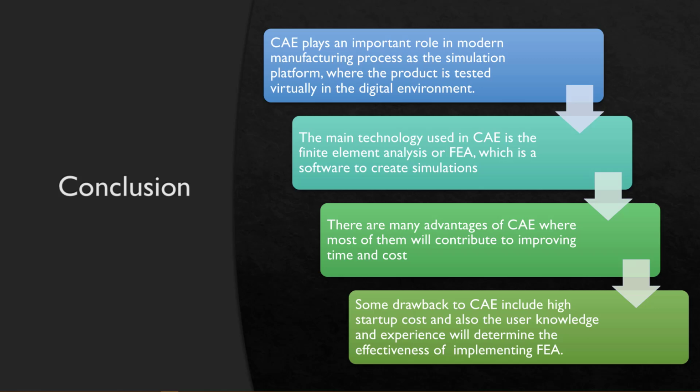Then there are many advantages of CAE, where most of them will contribute to improving time and cost to produce the products. As a final conclusion, we can also say that there are some drawbacks to CAE, including high startup costs, and also the level of user knowledge and experience will determine the effectiveness of implementing finite element analysis in their processes.